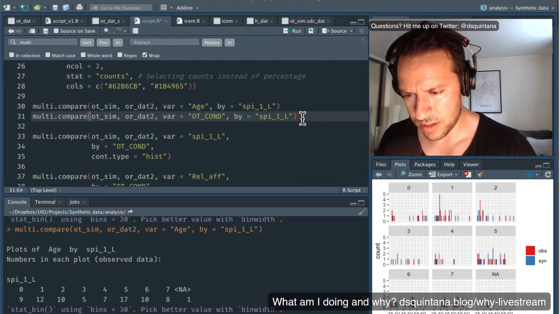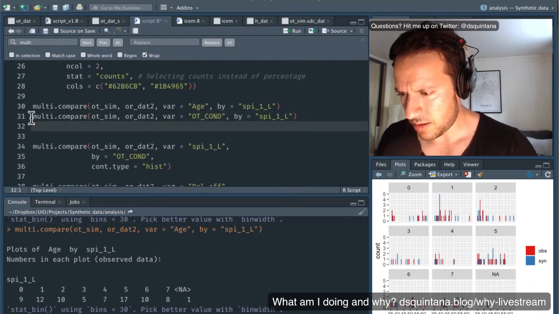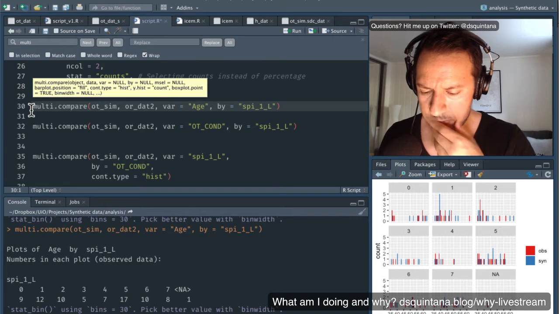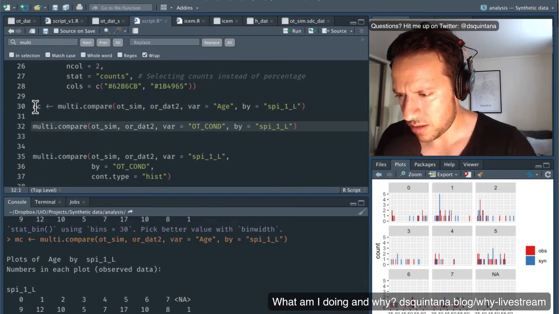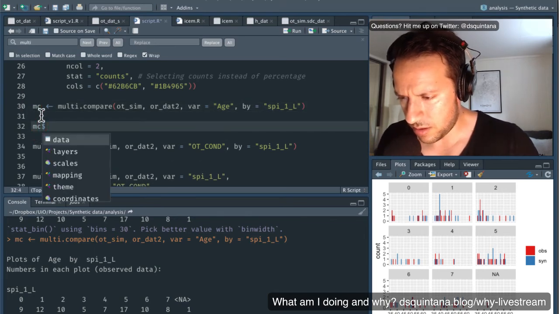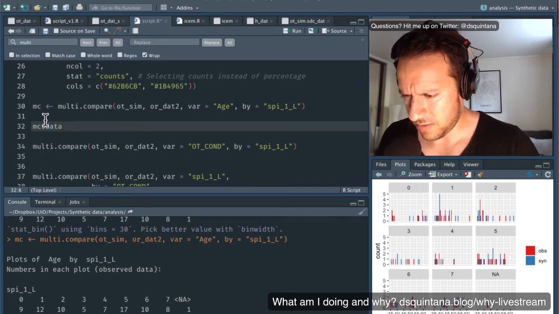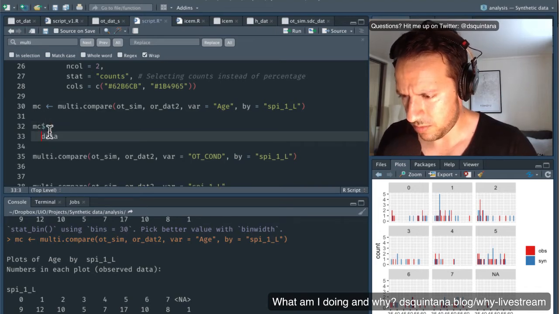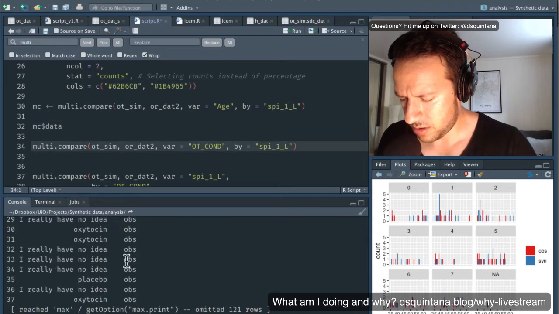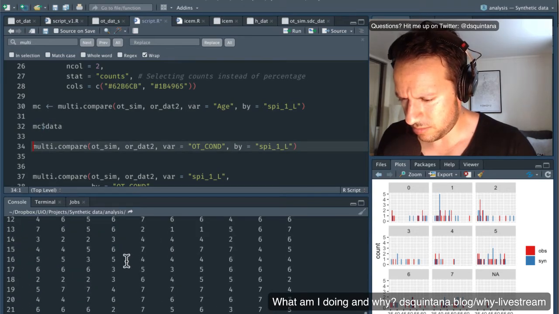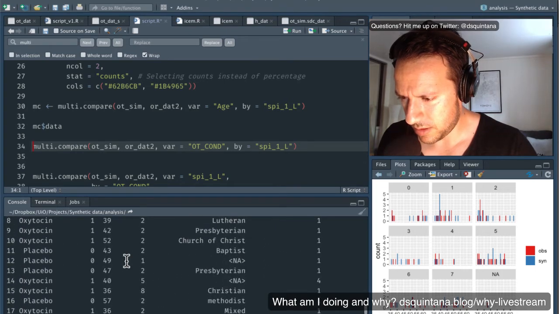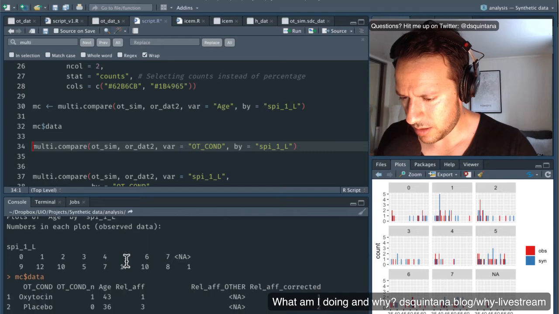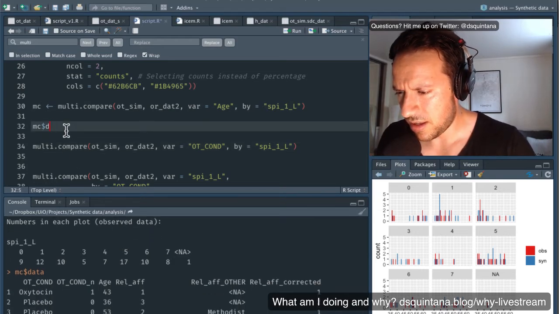We just did this one, that by that. Let's put it into an object. What does that give us? No, that's the main data set.